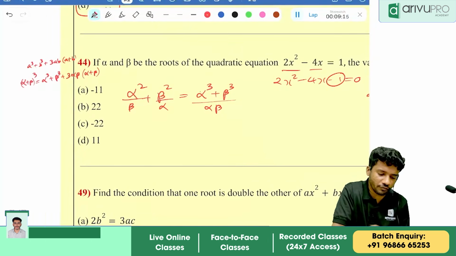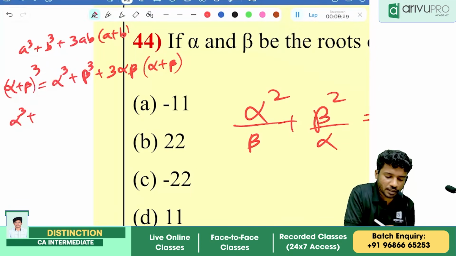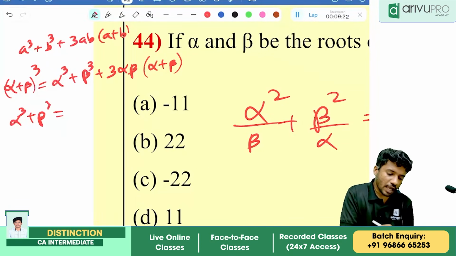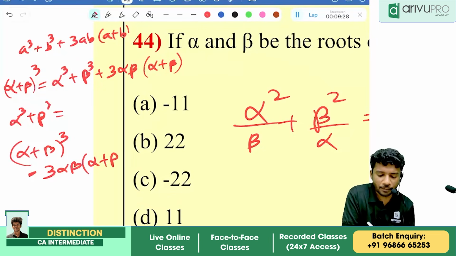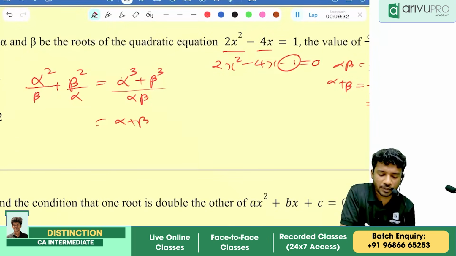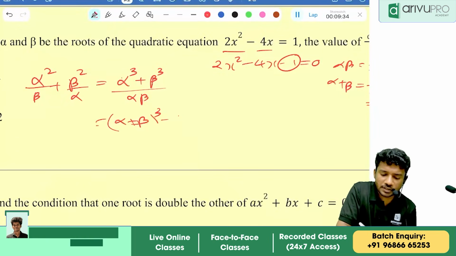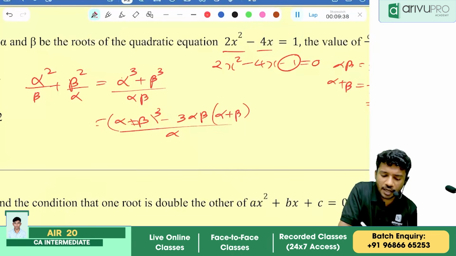Substitute over here. From that you will get, this is what the alpha cube plus beta cube will become what? Alpha plus beta the whole cube minus 3 alpha beta into alpha plus beta. Substitute over here, which is equal to alpha plus beta the whole cube minus 3 alpha beta into alpha plus beta divided by alpha beta.